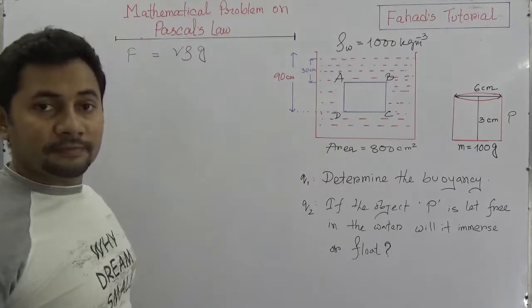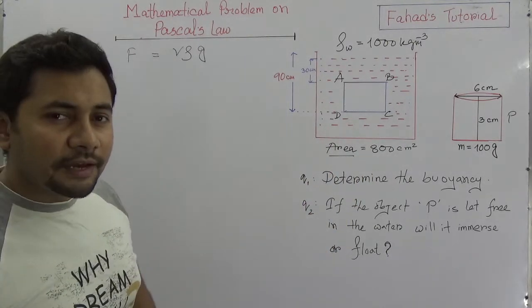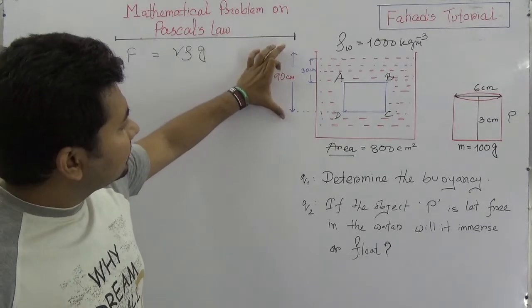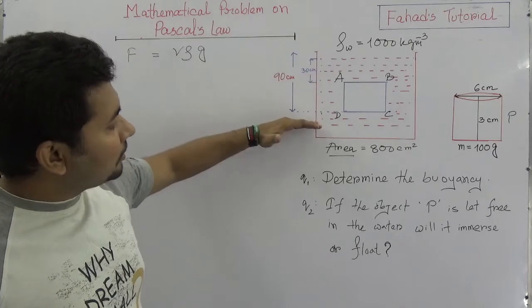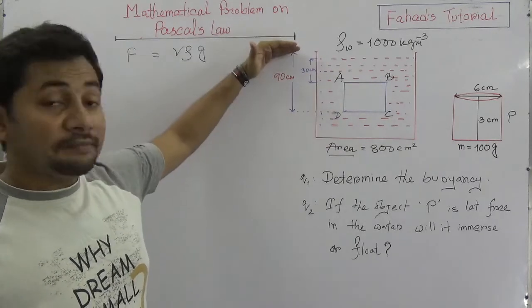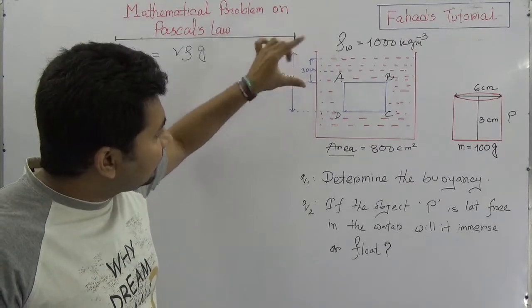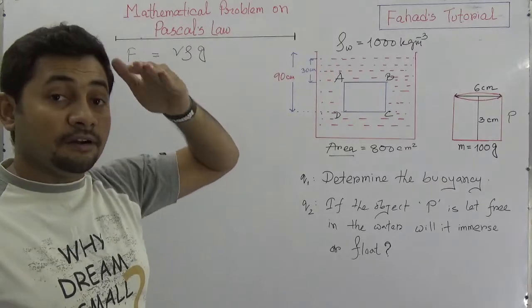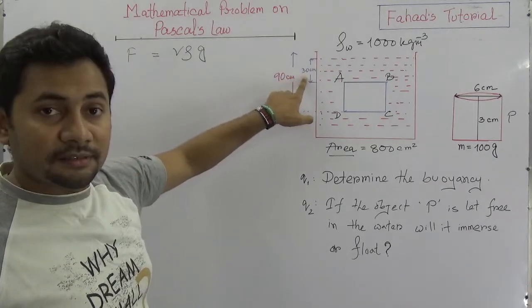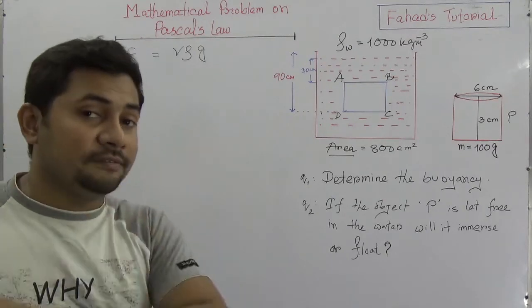Area is already given, and some hints are also given: this is the height from the upper surface of water to the upper surface of the object, which is 30 centimeter. So we can get the height of the object.